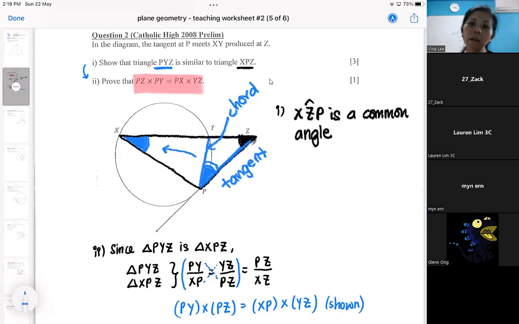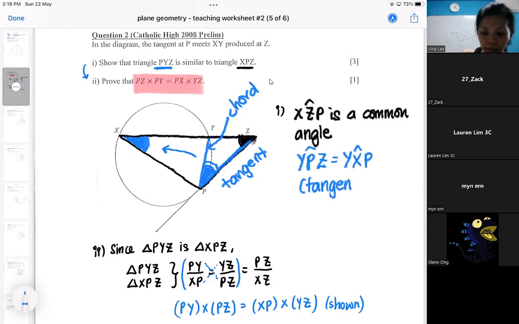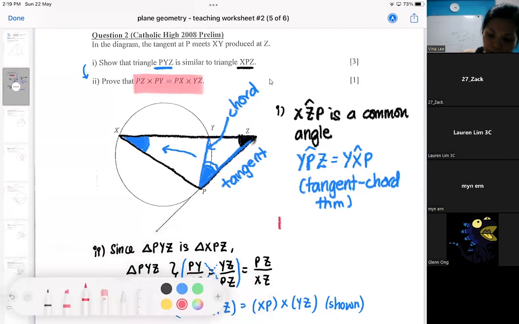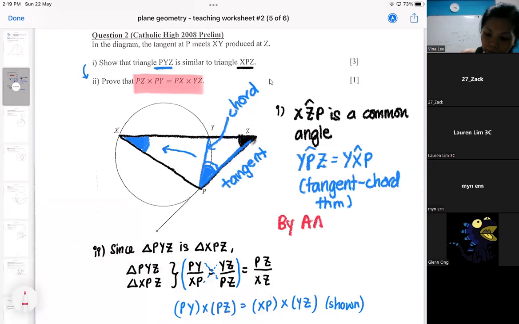So the second angle to be responsible for the similar triangle is called tangent chord theorem. So it's YPZ equal to YXP, tangent chord. So you will need the AA. So with these two angles, then the two triangles are similar.